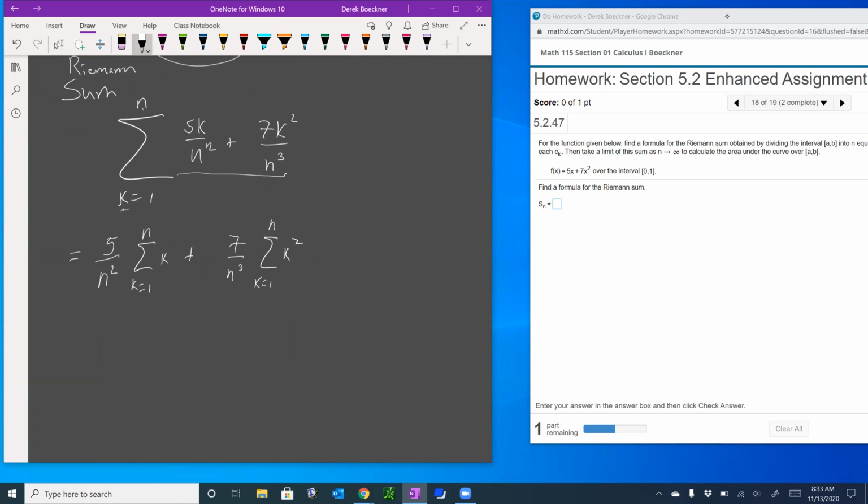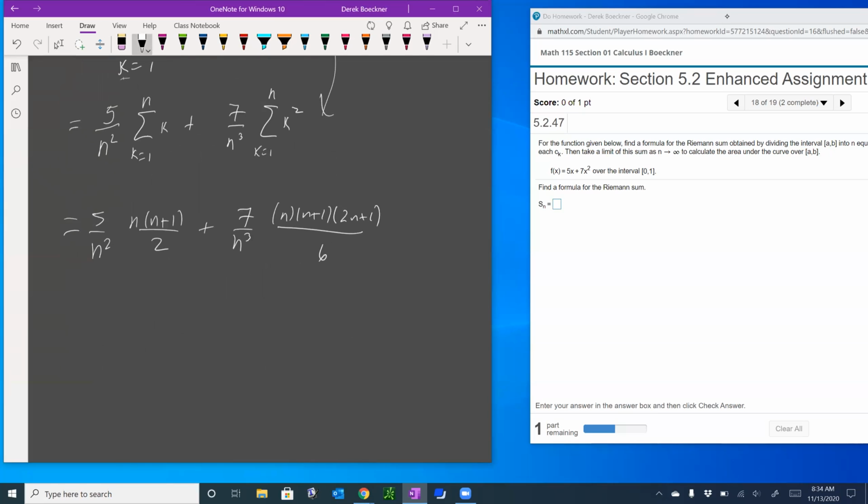Okay, so we're good with this algebra? Okay. 5 over n squared. The sum of the k's is n plus 1 over 2. The sum of the k squareds is n plus 1, 2n plus 1 over 6.